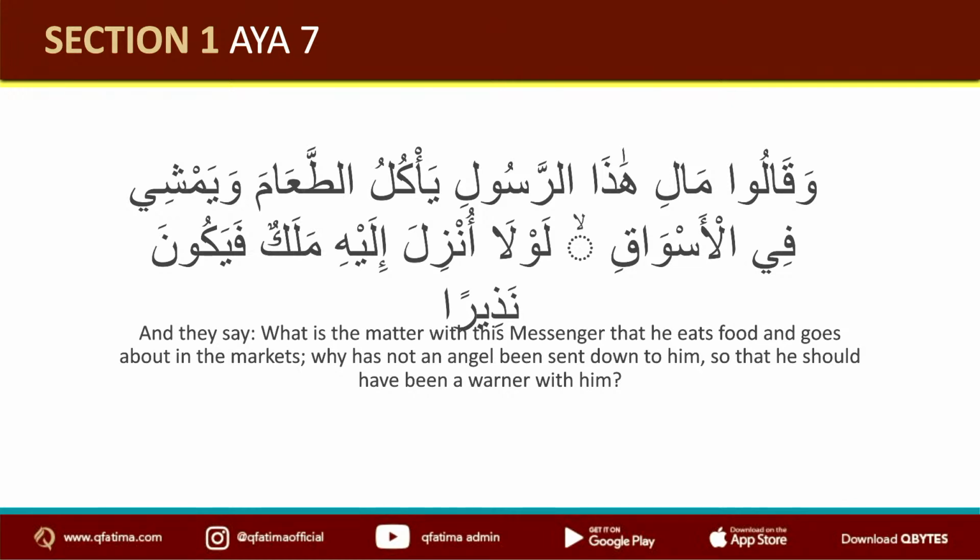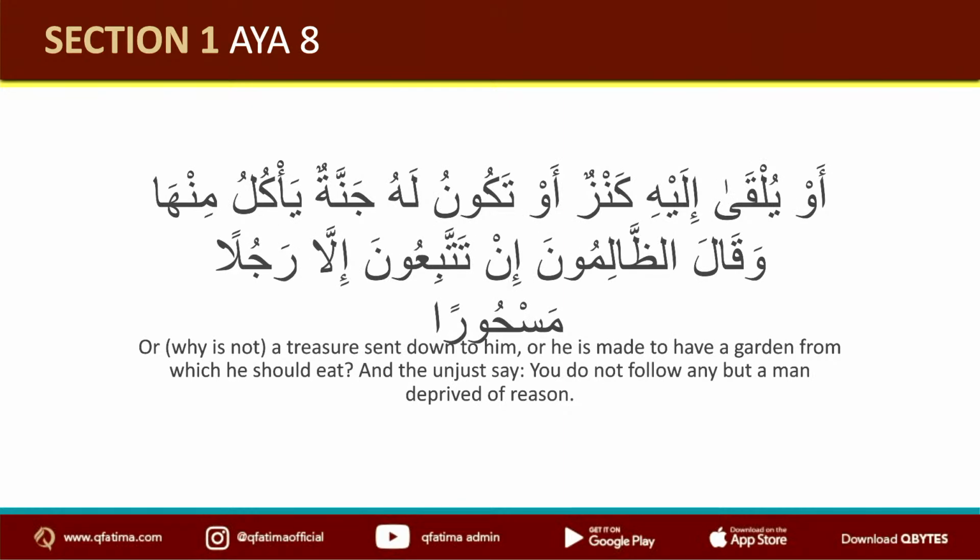And there is no bodyguard with him, no angel following him. فَيَكُونَ مَعَهُ نَذِيرًا. How can he tell us about something when he's just an ordinary human being? There's no difference. أَوْ يُلْقَىٰ إِلَيْهِ كَنزٌ. And there's no treasures. If you came from God, you'd have lots of treasures with you. He doesn't have treasures? What's wrong?